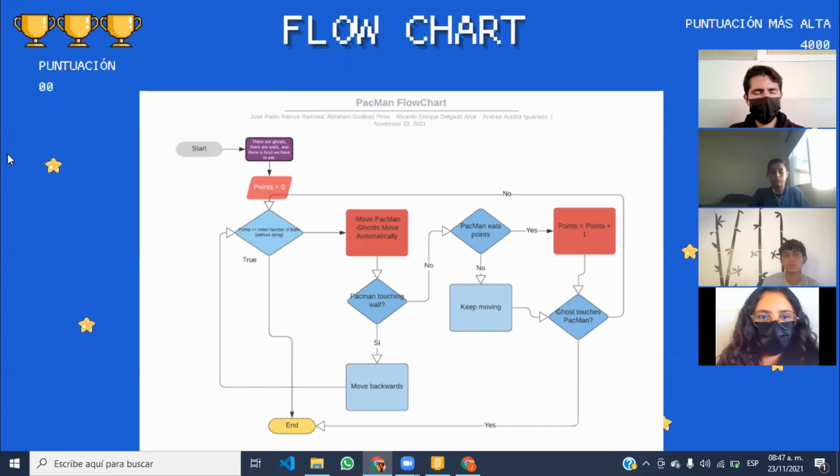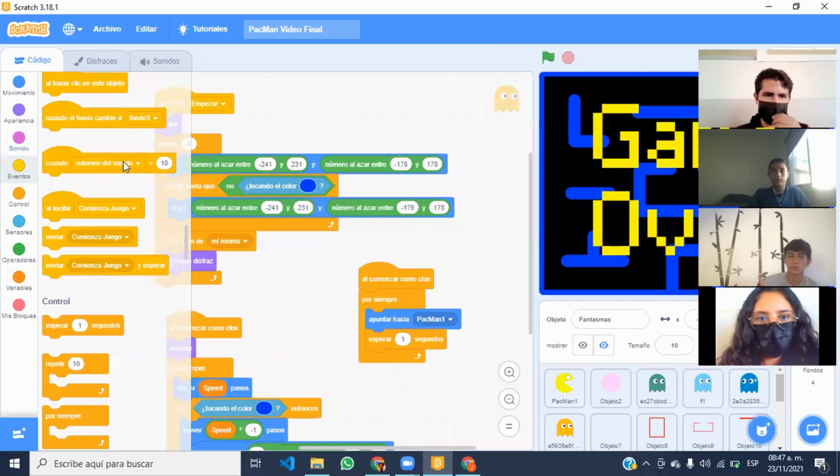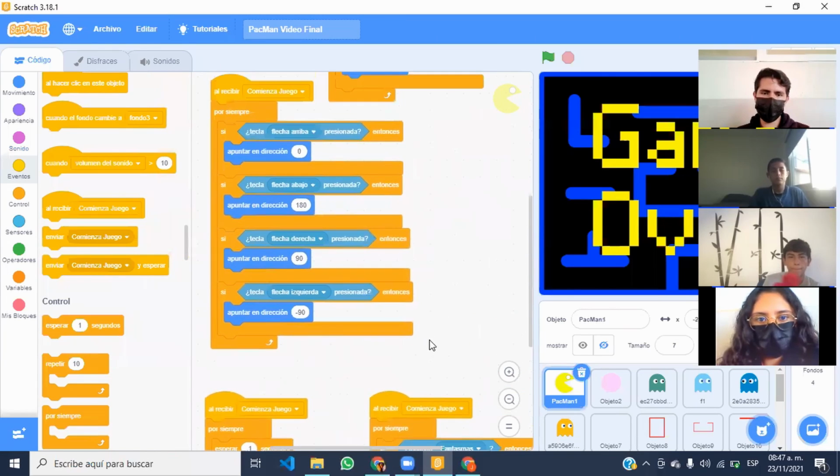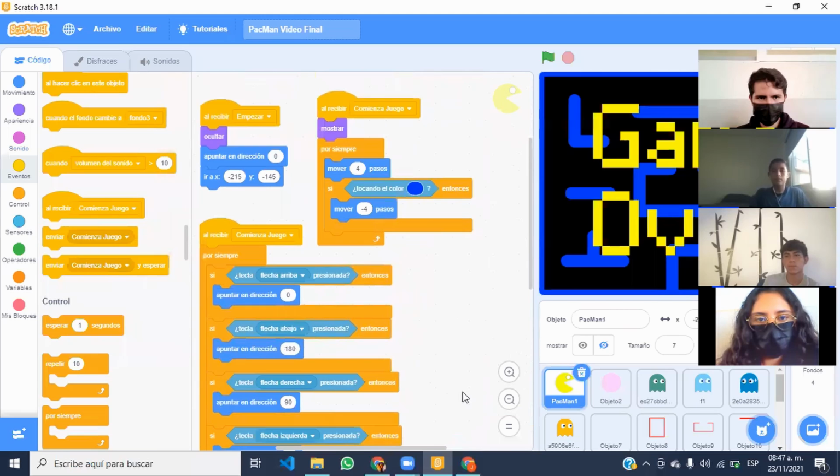So after this theoretical explanation, we're going to explain how the game is coded and how we did it with the app called Scratch. This game is made with different blocks or lines of code. For example, we have different functions like start.